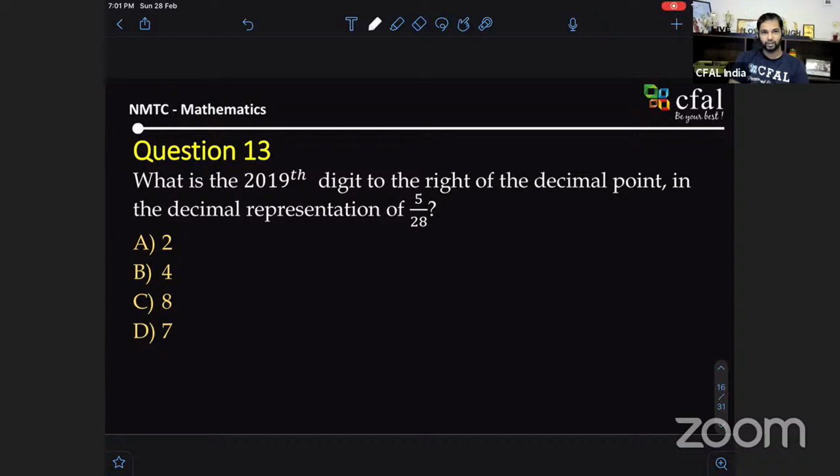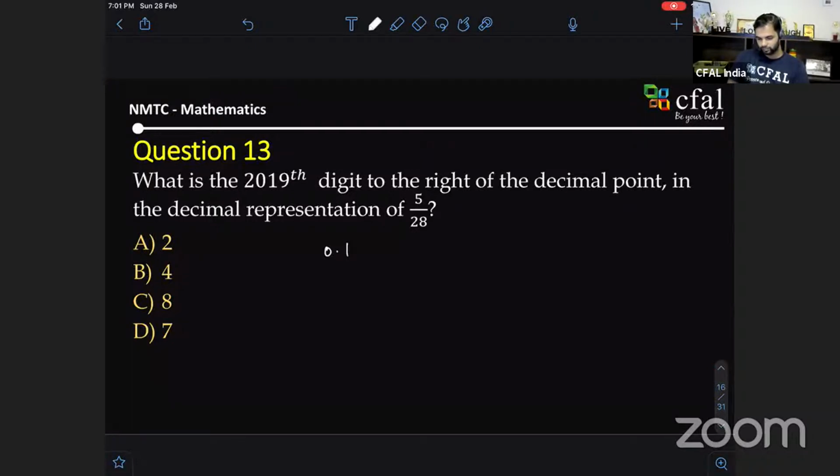It does recur. It doesn't recur normally, it'll be 0.1 something. The 1 doesn't recur, okay, that's fine. What is the other part that recurs? Yes, that has 7 digits in its recurring part.